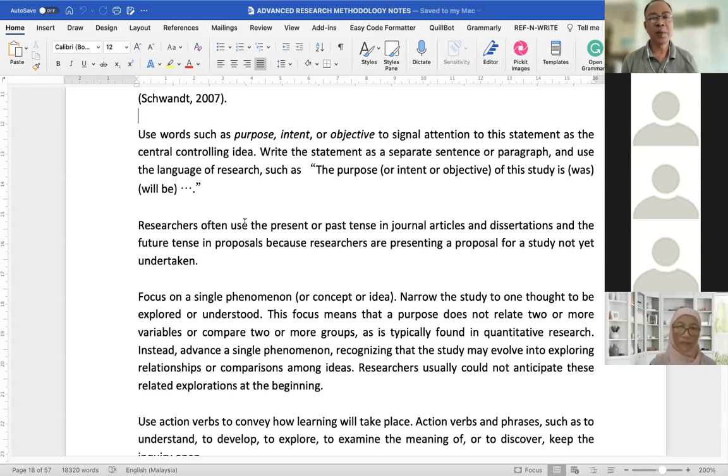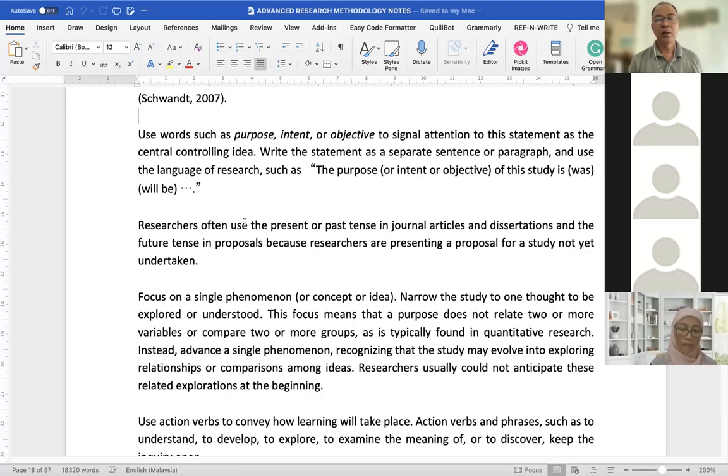The focus means that a purpose does not relate two or more variables or compare two or more groups. So in qualitative research, usually the researchers do not relate two or more variables. There is no causal relationship in qualitative research.